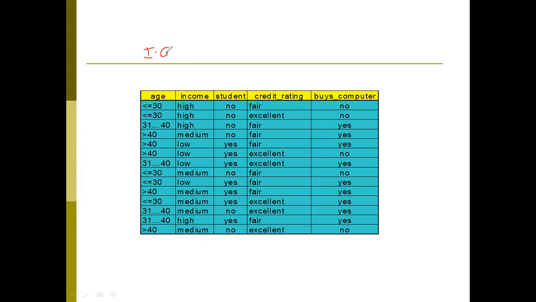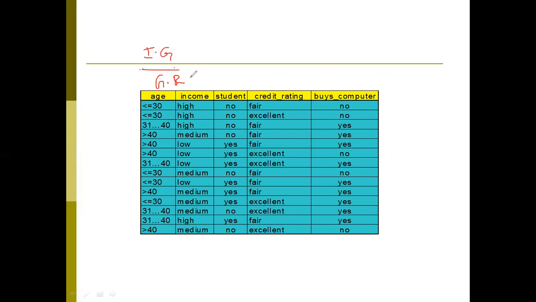And you need to remember here we are using two words continuously: one is gain ratio, second one is information gain. These two are different words. Information gain is one word, gain ratio is another word. You need to remember these two.